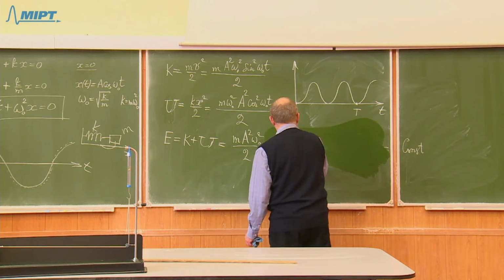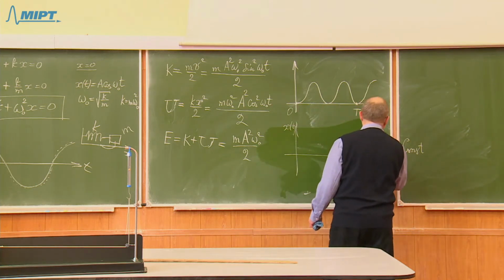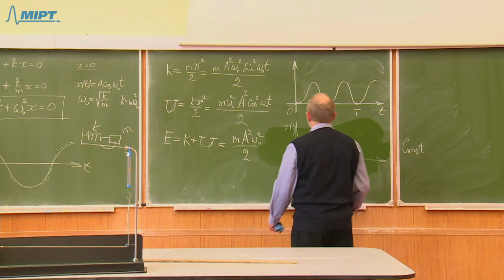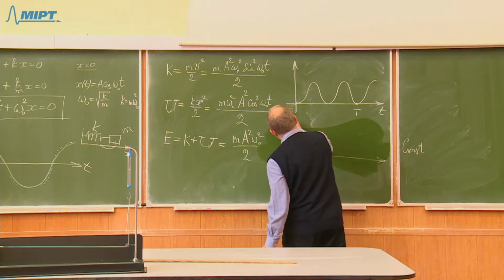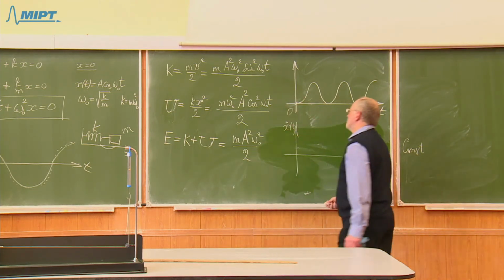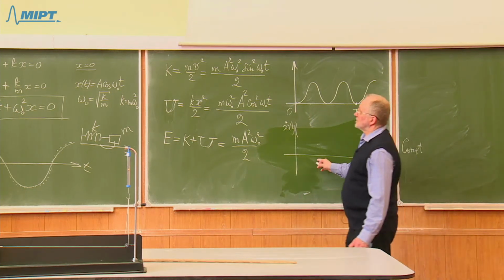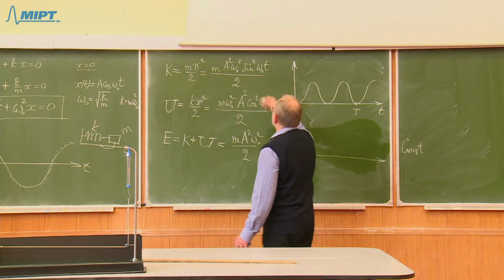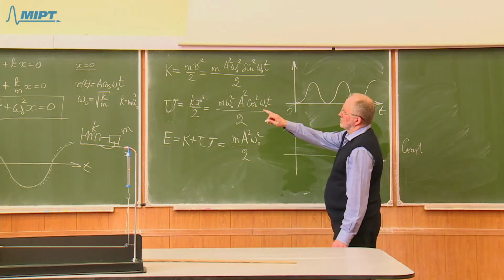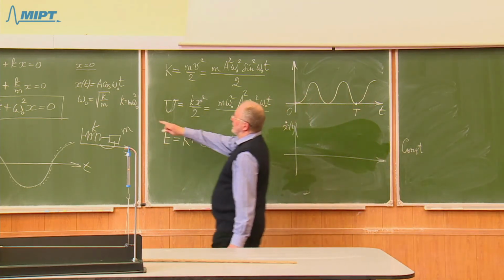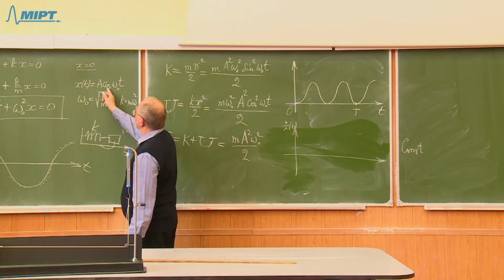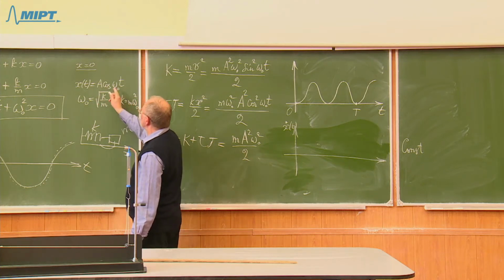X as a function of t is cosine, so I will show x dot as a function of t, the velocity as a function of t. The velocity will be sine as a function of t, and the velocity, if I take this derivative with respect to time, I will obtain minus sine a omega.